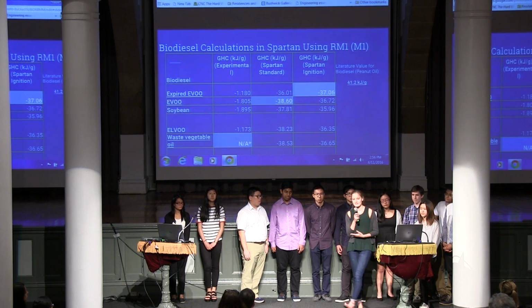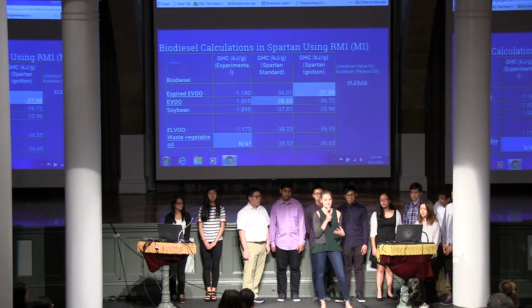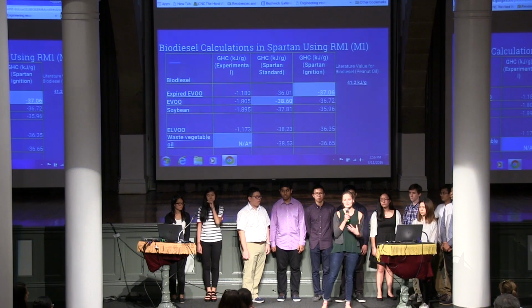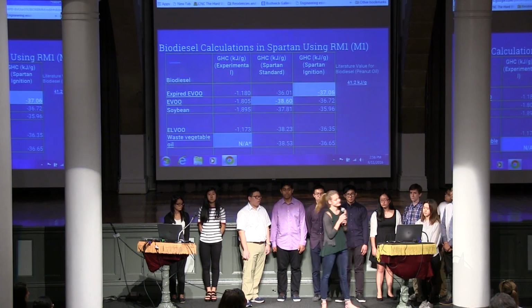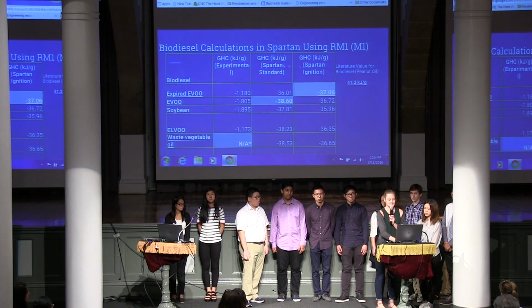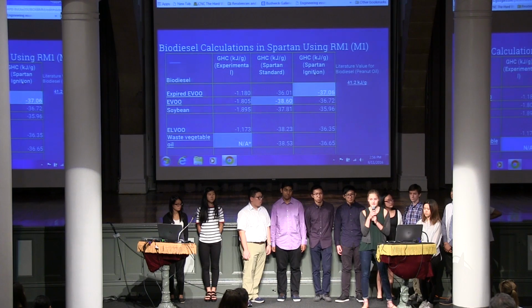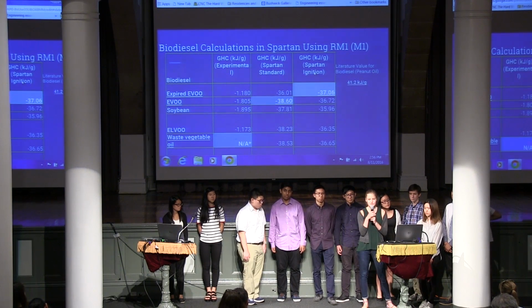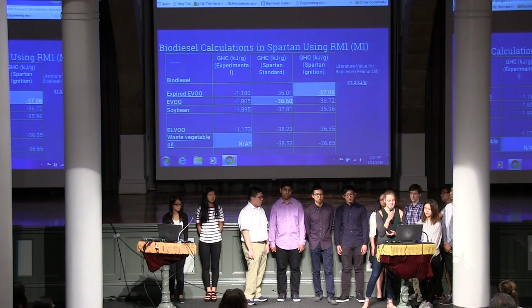And we think this is because of an experimental error in the laboratory, because it wasn't really an isothermal system, so heat escaped from the sides of the round bottom flask. But we can see that the expired olive oil had a very high Spartan calculation of heat of combustion at the ignition temperature, which was very surprising because it did have a low purity because it was expired, so it had a lot of peroxides.